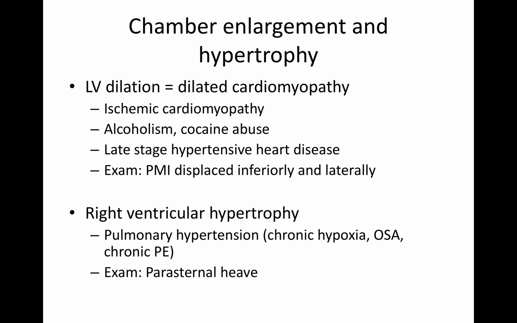On physical exam, what are you going to see? You may see elevated neck veins indicating elevated right atrial pressures, and you may also feel a parasternal heave. What does this mean?